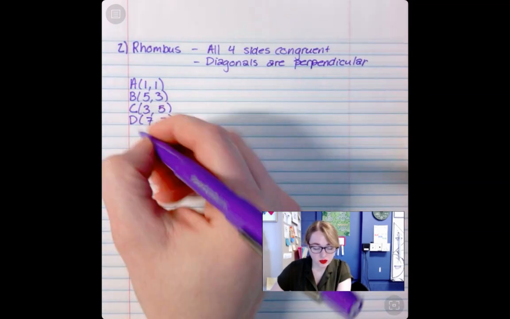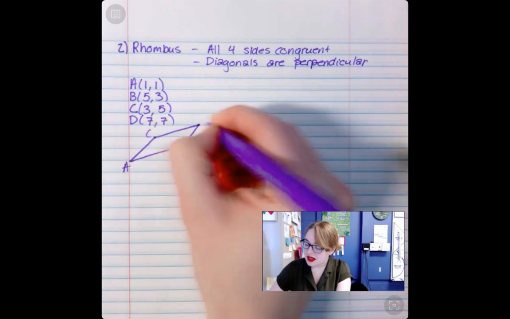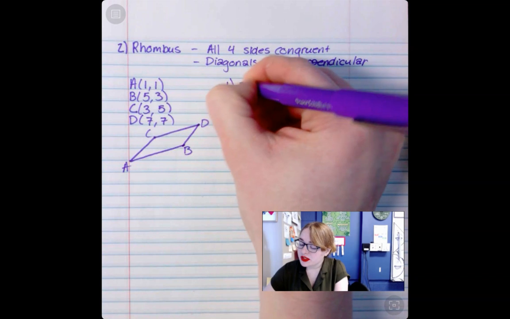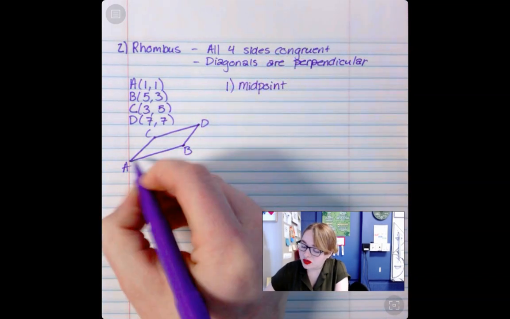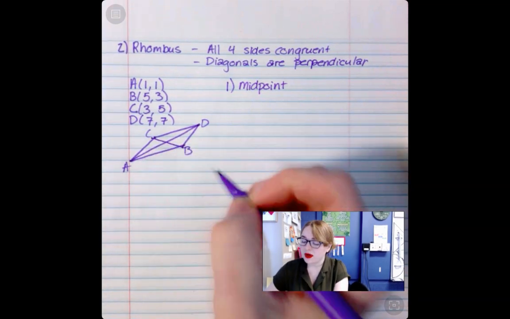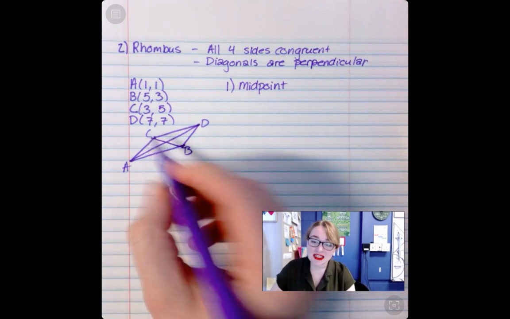Okay, so we have points A, B, C, and D. Again, the first thing we're going to do is use our midpoint formula to make sure that the diagonals do in fact bisect each other, that they have the same midpoint. So our diagonals here are A to D and C to B.